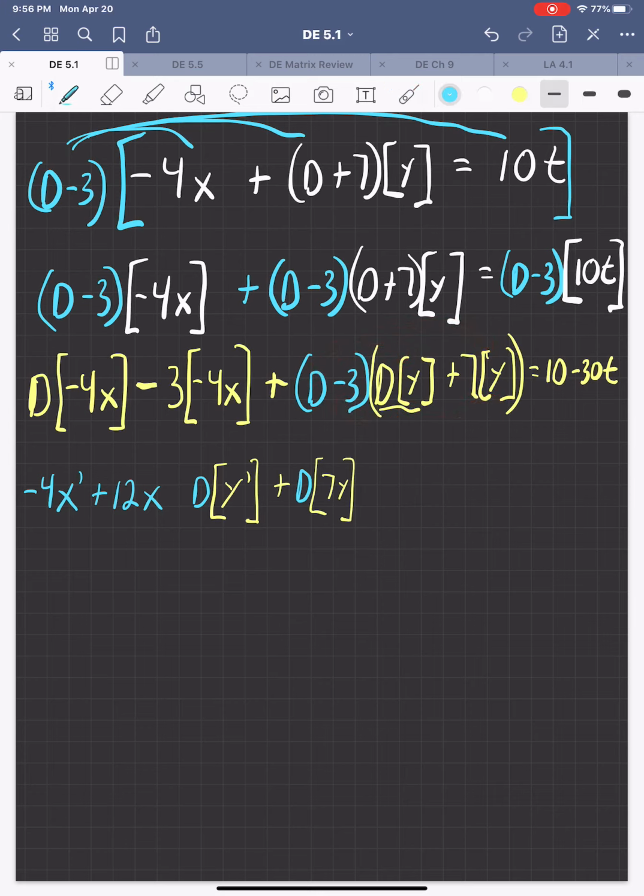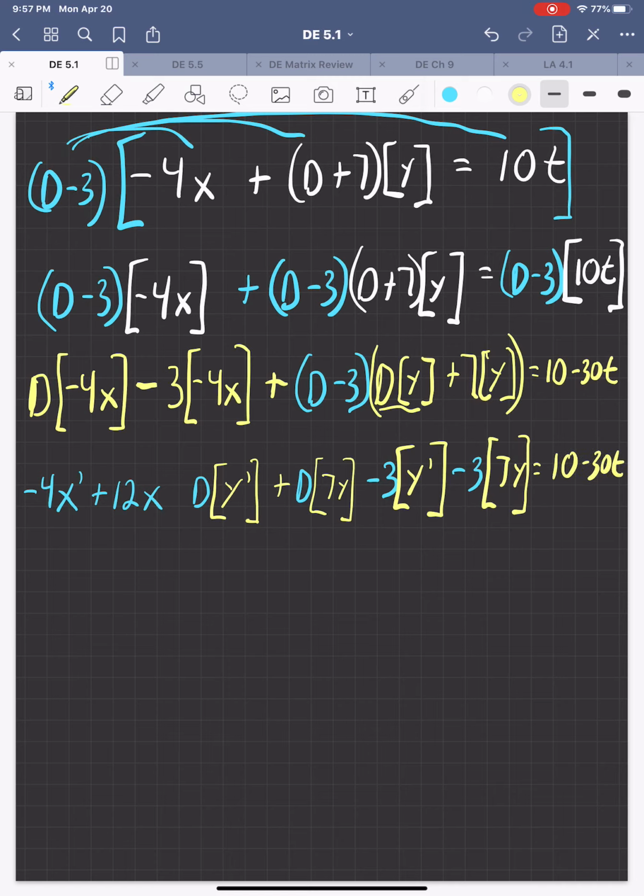So let's keep going. So that's -3 operating on just y. Well, that'd be actually y prime, right? And then we're going to end up with -3 operating on positive 7y. Okay. Now that's equal to 10 minus 30t.